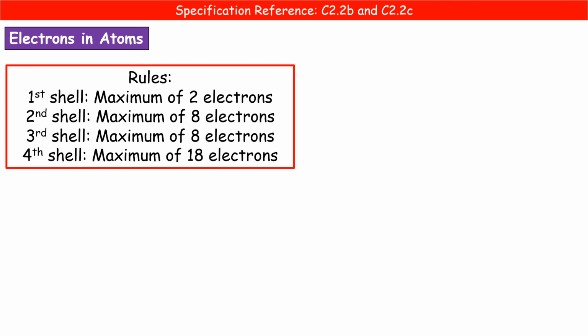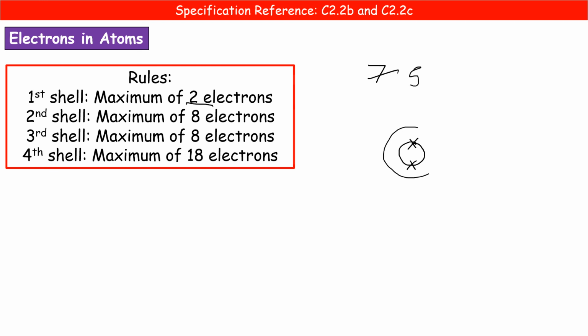So all we're going to do, if we use the example I've just given there, is that we have 7 electrons that we need to draw because it's got an atomic number of 7. So we start off with our first shell. Now we can have a maximum of 2 electrons there, so we're going to put 1 cross, 2 crosses. So 7 minus 2, we still have 5 electrons to go.